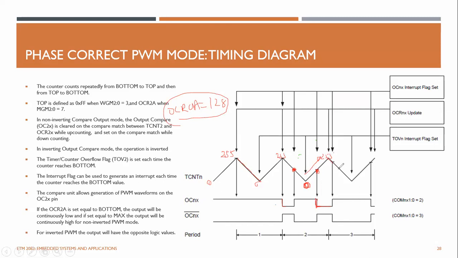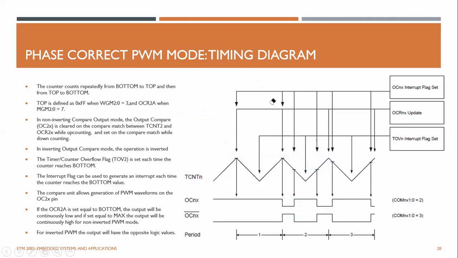Again, you can see it can meet this OCR0 value somewhere here, right? So then it will set it. So clearing when up counting, and setting when down counting. Okay, that's how it generates.